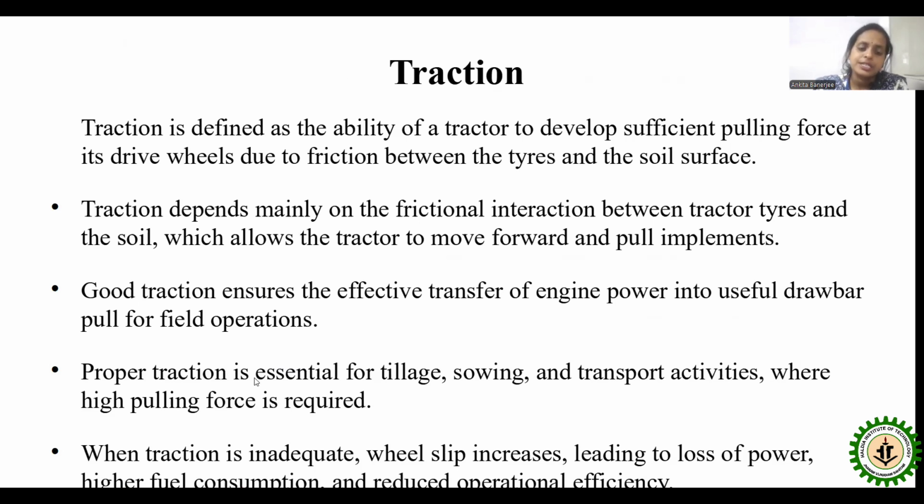Proper traction is essential for tillage, sowing, and other transport activities where high pulling forces are required. When traction is inadequate, wheel slip increases, which definitely leads to power loss and reduced efficiency. So these things are mentioned here: loss of power, higher fuel consumption, and reduced operational efficiency.